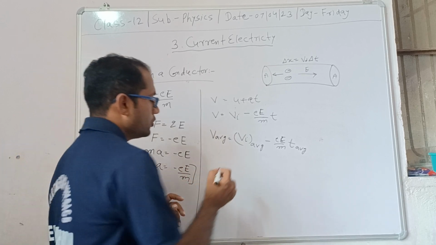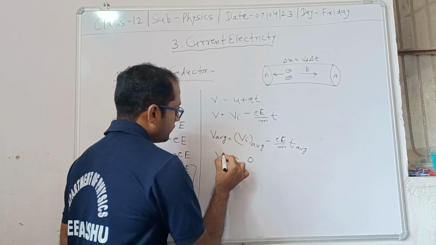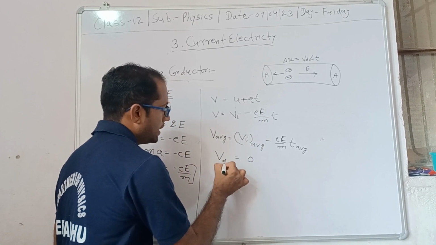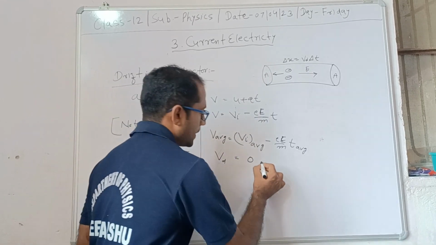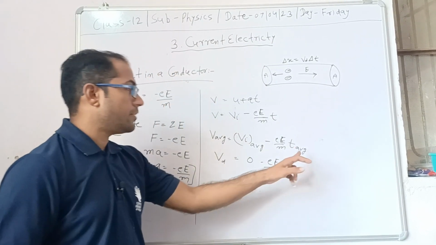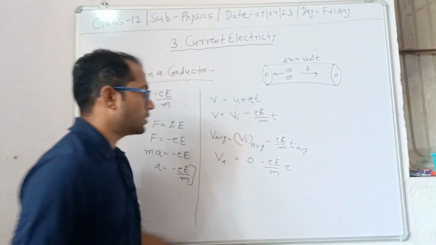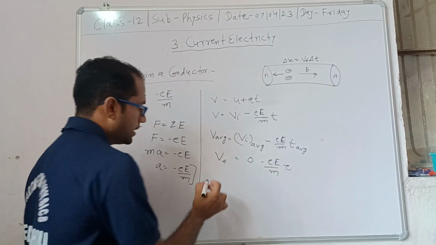So we consider v initial to be 0, and v average is basically v_d, the drift velocity, equal to minus eE by m, and the t average of all the electrons is denoted by tau.